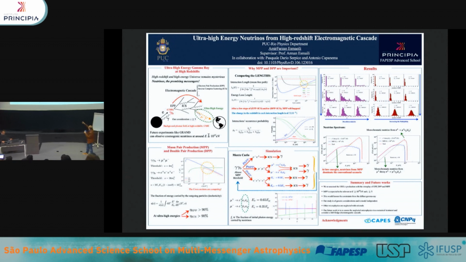And this is important for us because we can probe the high redshift universe, which is mysterious for us. Then we calculated the neutrino spectrum, and you will see 1 to 2 orders of magnitude higher than the conventional scenario, which is the pion decay.